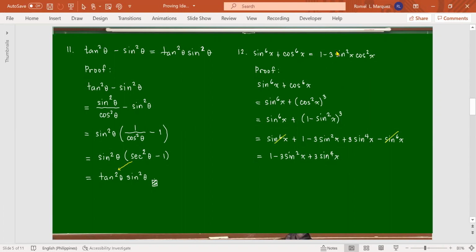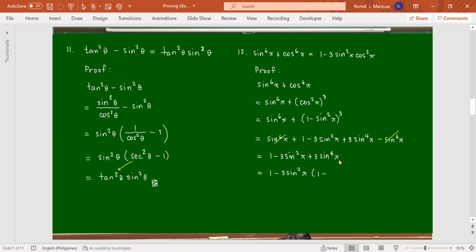We're almost close to the right side, no? So I'm going to retain 1 because there is 1 here. And then I have to retain negative 3 sine squared. So meaning I'm going to factor out this negative 3 sine squared x from these last two terms, no? So getting 1, minus 3 times sine squared x. If I factor this out from here, there is 1 left, no?